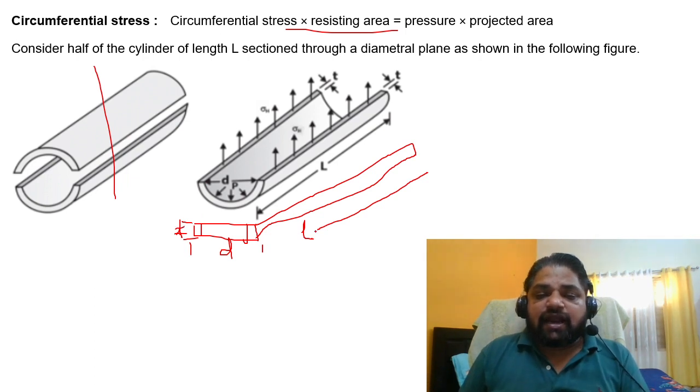So L, D, t of the cylindrical part can be shown from here.